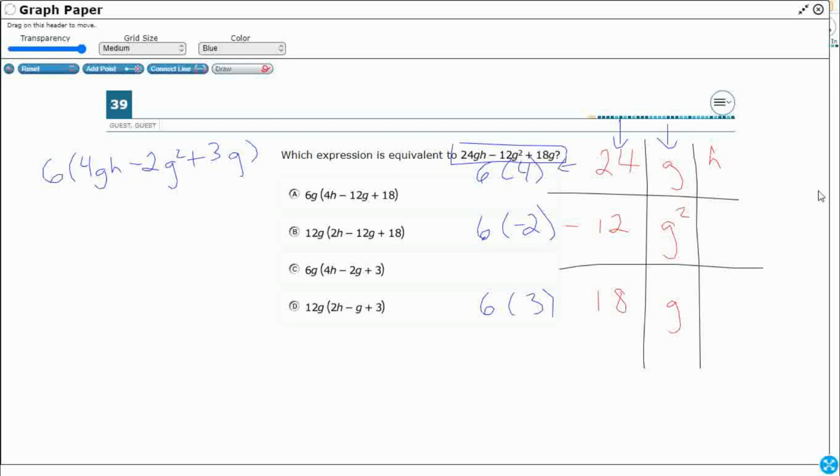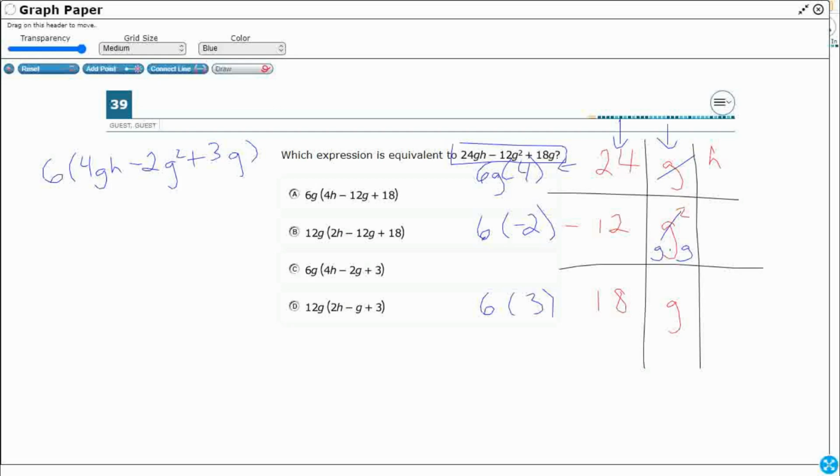Well, sure. That g squared, another way to view that is just a g times a g. So I can at least pull a g out of everything. If I were to pull a g out of this first term, 24gh, that would just leave the h and then that 4.